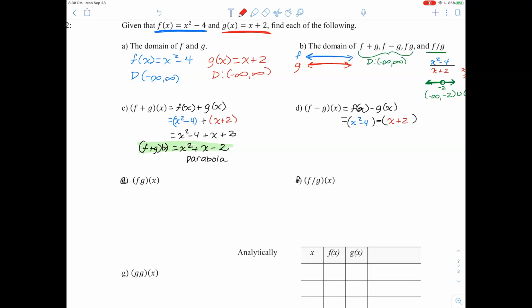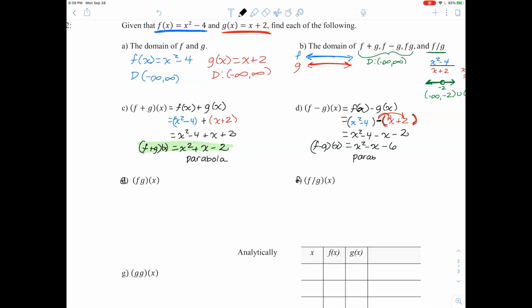And here's where that set of parentheses right here was really critical. I have to distribute that minus sign, or that negative 1, to both of those terms. So we get x squared minus 4 minus x minus 2. Combining like terms here, here's our f minus g of x. Our new function is x squared minus x minus 6.